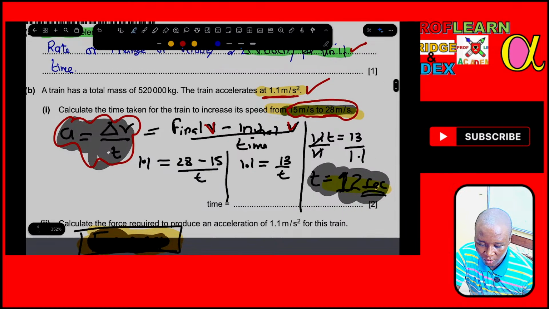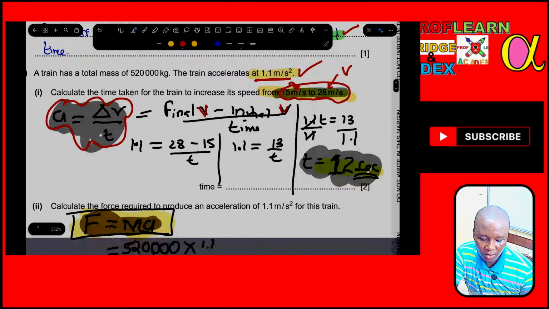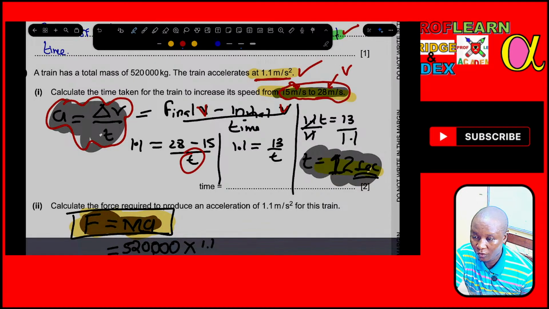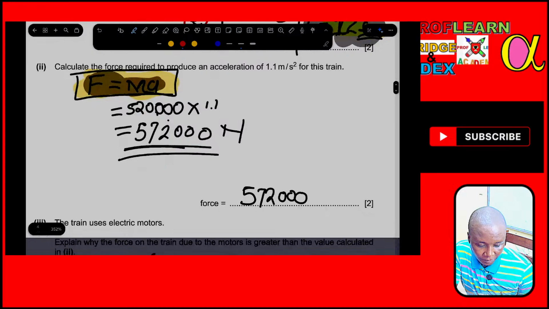Our final velocity is this one here, this is v final, and this one is the initial velocity. So you are supposed to subtract the two. Then you say 1.1 is equal to 28 minus 15 over the time, which we are trying to find. If you work it out, you're going to get your answer as 12 seconds. That's one of the values you're going to find.